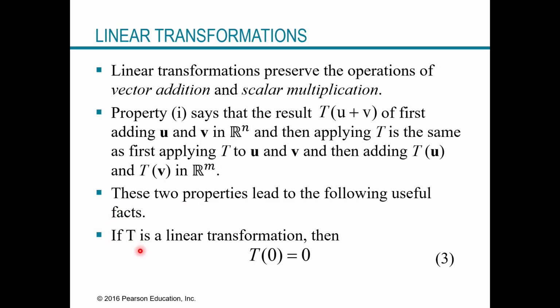So fact number 1, if T is a linear transformation, so you know it's a transformation and it satisfies equations 1 and 2, or properties 1 and 2, then also what's true is that T of 0 equals 0. The 0 vector transforms to be itself. So this is always true for any transformation that's considered linear.